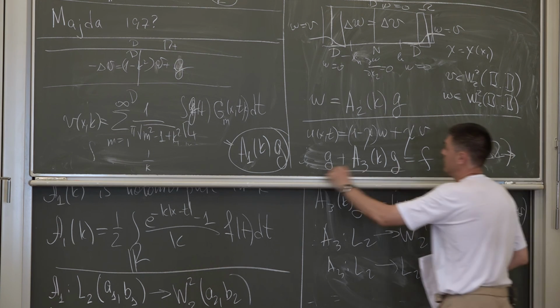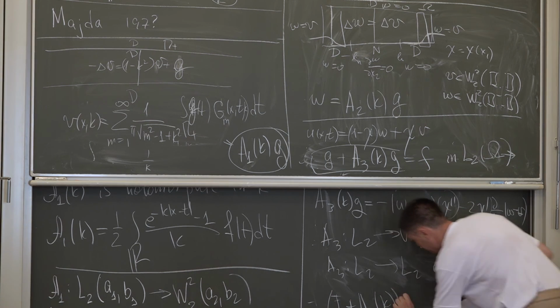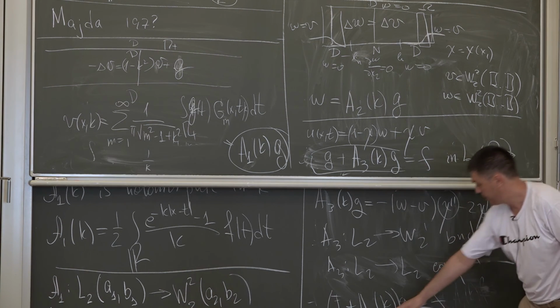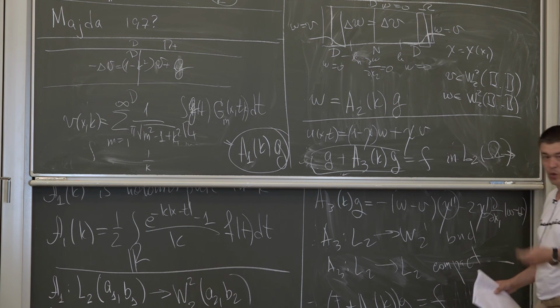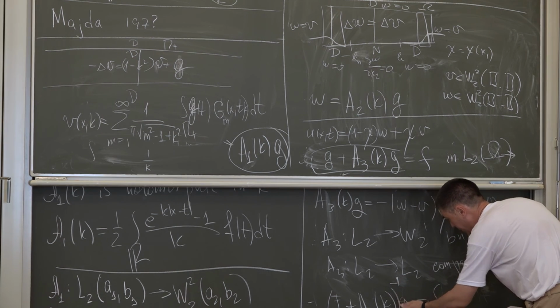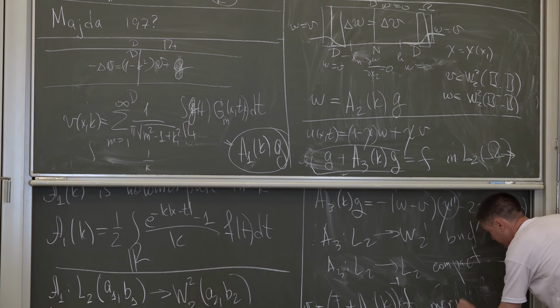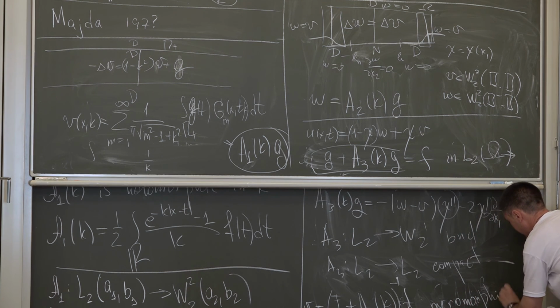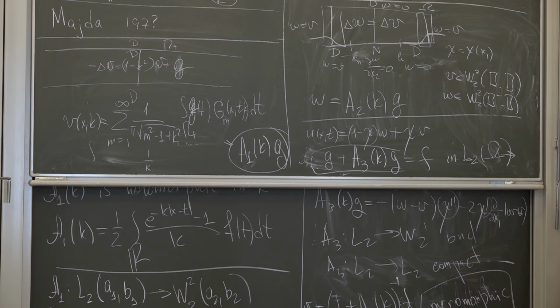So what I have here is the operator 1 plus A3 of K, J equals F. And this operator is compact, and it's holomorphic in K. Then it's known, this is a general theory, that the inverse of this operator, which I actually need, is meromorphic in K. And if it's meromorphic in K, it has a pole at 0.